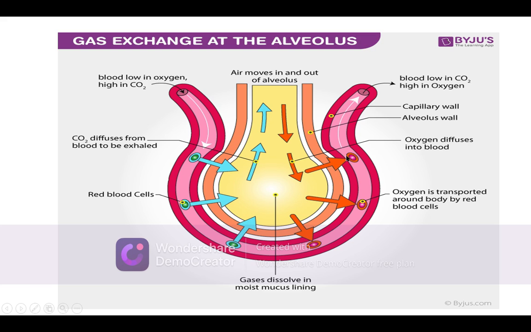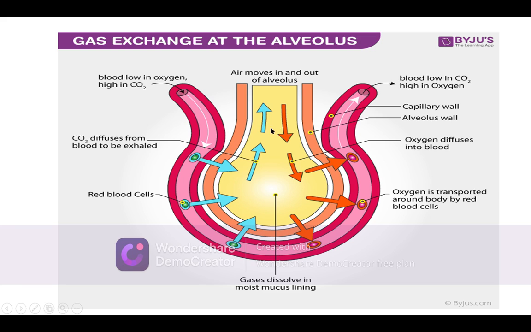Then oxygenation occurs in the pulmonary veins, and it comes to the left side of the heart. And the deoxygenated blood comes from the right part of the heart, and it ends with the expulsion of the carbon dioxide.